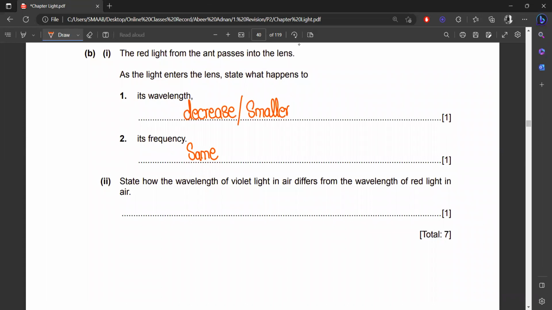Because if we compare the density of the ant and the lens, the densities will be different. So it means light is moving from dense to rare in comparison. Now we are not comparing from air to dense, right?